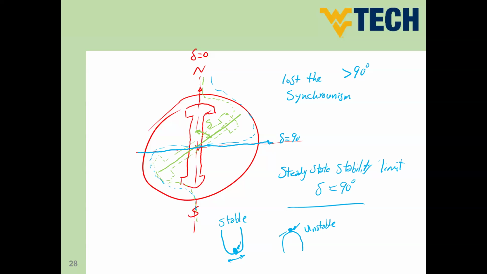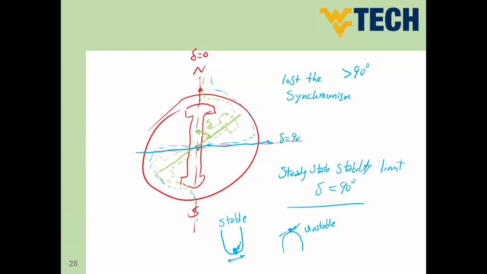In control systems, you will learn about stability and how to make a system stable using closed loop control, with different control techniques like a PID controller, for instance. So again, the maximum power is the steady state stability limit of our synchronous machine.